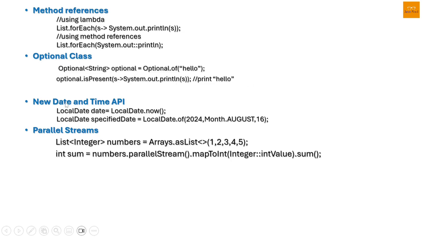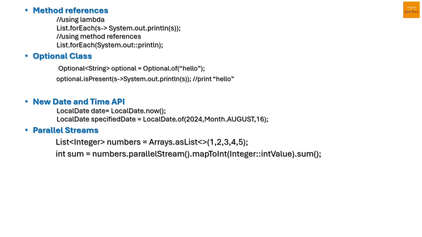Now we'll see the new DateTime API. Java 8 introduced a new date and time API, which is in the package java.time. It is immutable and thread safe, which is a big benefit. It addresses many issues with the older java.util.Date and java.util.Calendar classes.